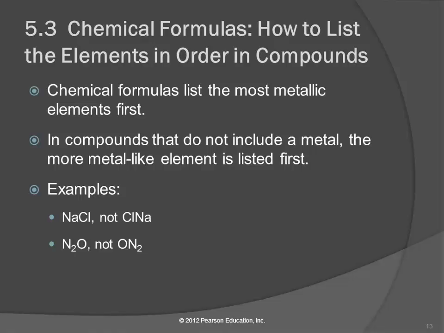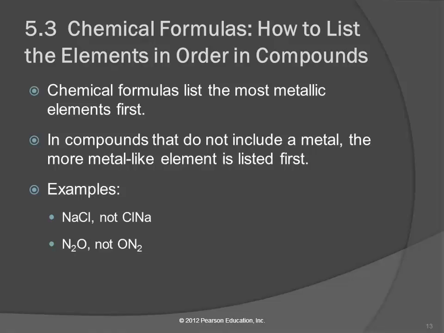So you may wonder, well, why do we list the carbon first and then the oxygen? The pattern is that we list the most metallic elements first. And if there isn't a metal in the compound, then you just list the one that's closest to the metals. So for sodium and chloride, sodium is a metal and chlorine is a nonmetal.